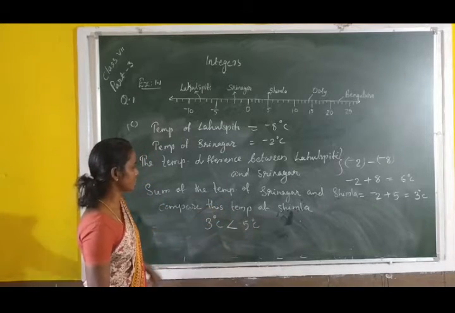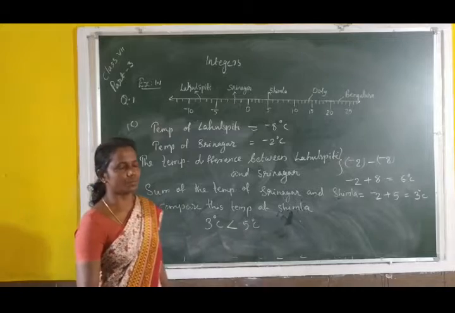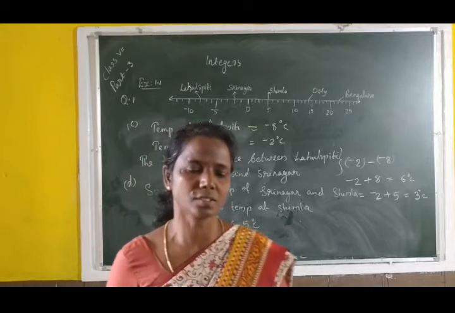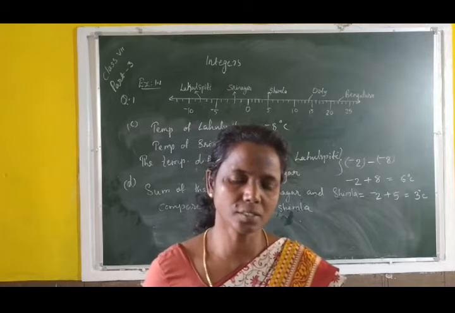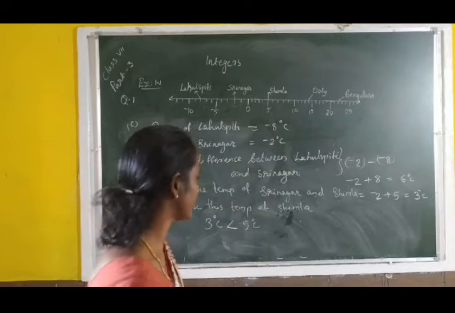So what is the answer? Yes or no? Now we take it together: the temperature of Srinagar and Shimla is less than the temperature at Shimla. So its answer is yes.